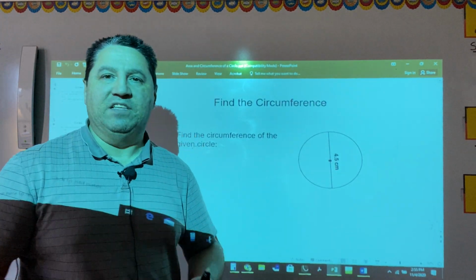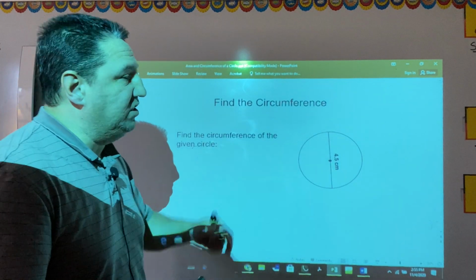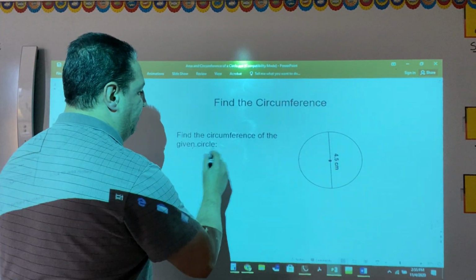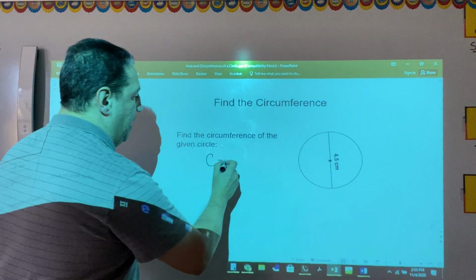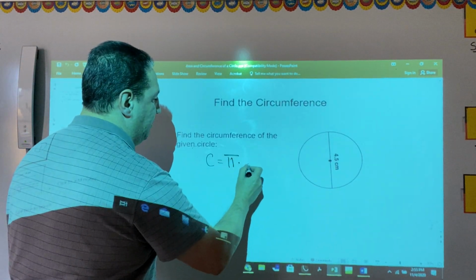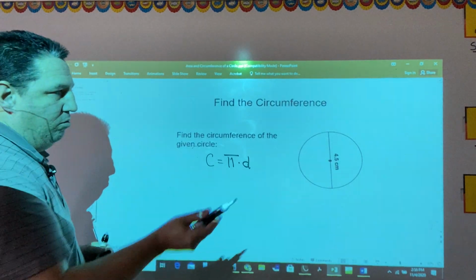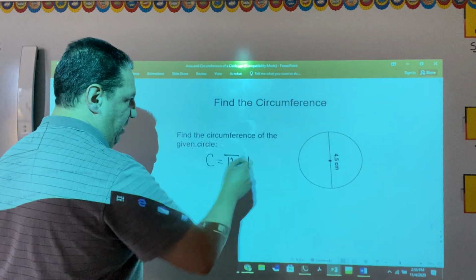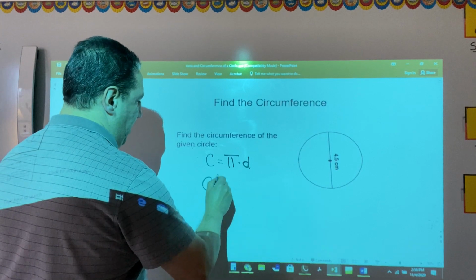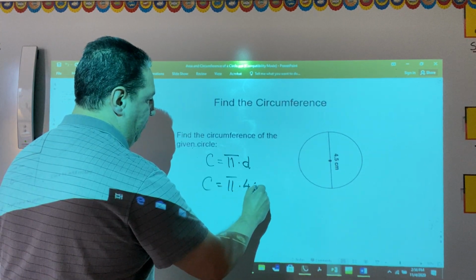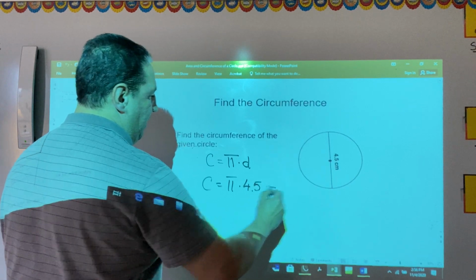Because the diameter is given, we use the formula of circumference in terms of diameter, which is pi times d. So we replace d with 4.5 centimeters, and we have pi times 4.5 centimeters.